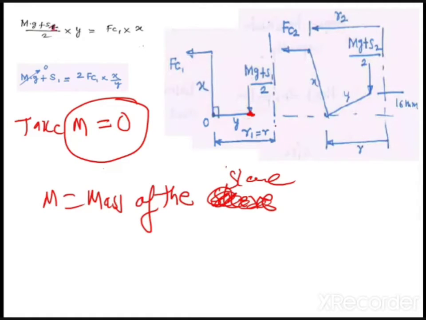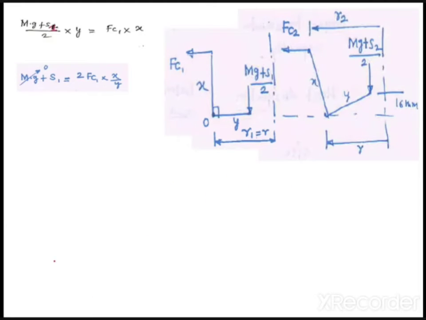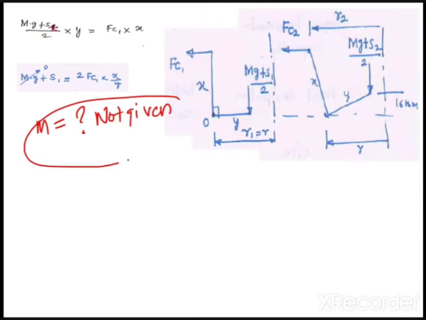Guys, tell me why I have taken the mass of the sleeve as 0. Because m is not given in your problem, so that is why consider m equal to 0.